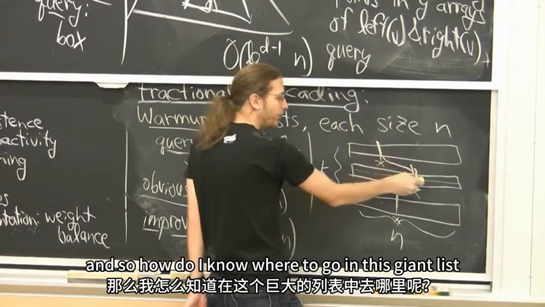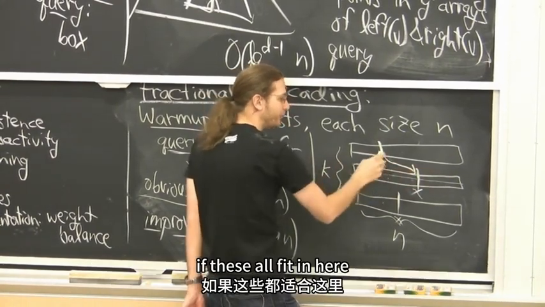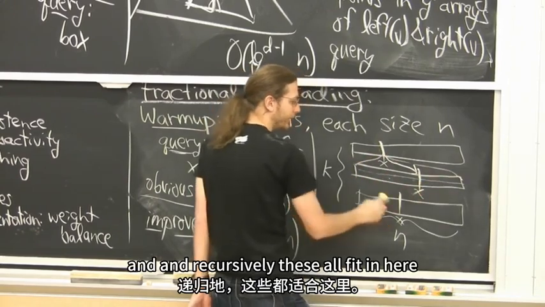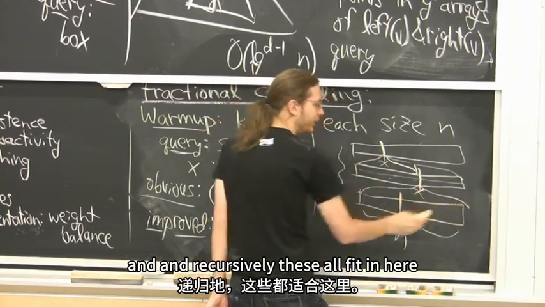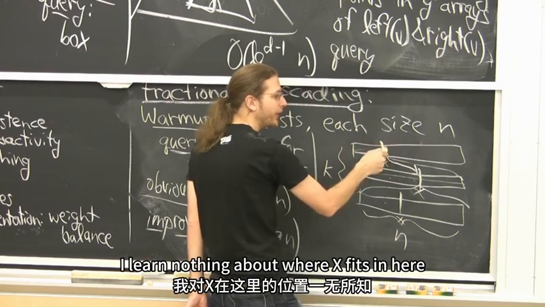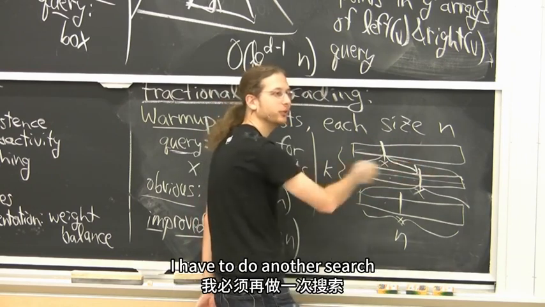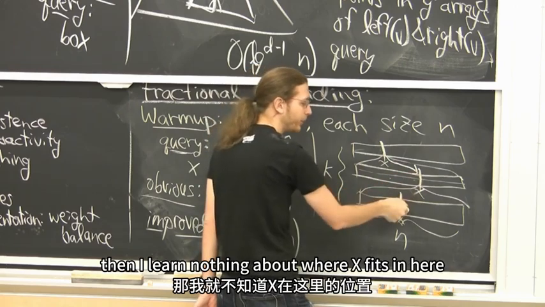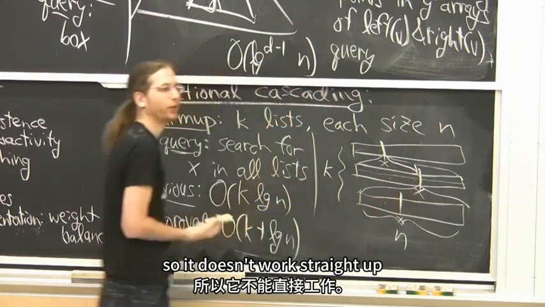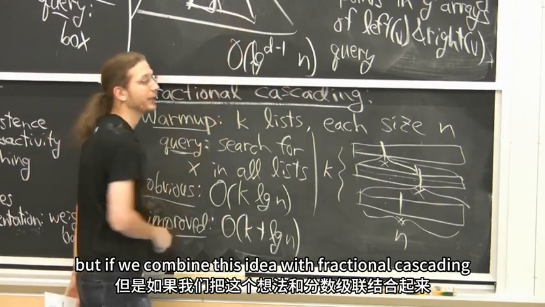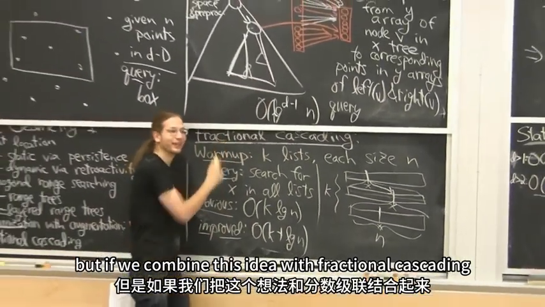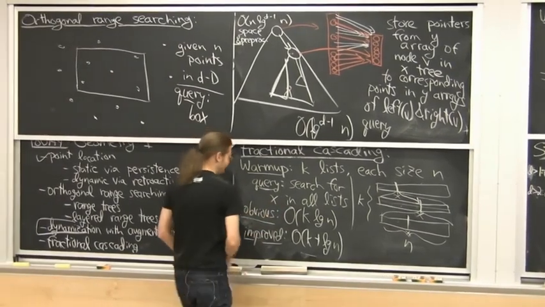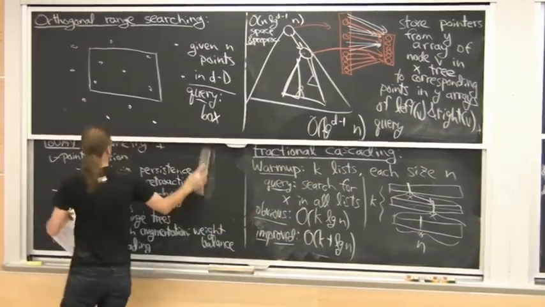So how do I know where to go in this giant list? If these all fit in here, and recursively these all fit in here, then by searching up here, I learn nothing about where x fits in here. I have to do another search, and then I learn nothing about where x fits in the next one. So it doesn't work straight up. But if we combine this idea with fractional cascading, then we can do it.